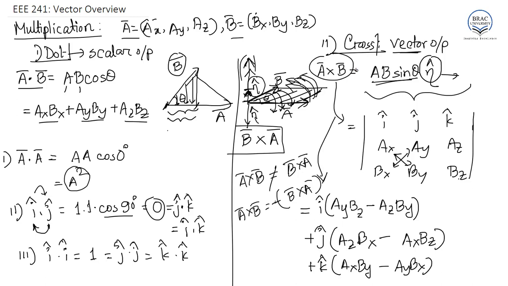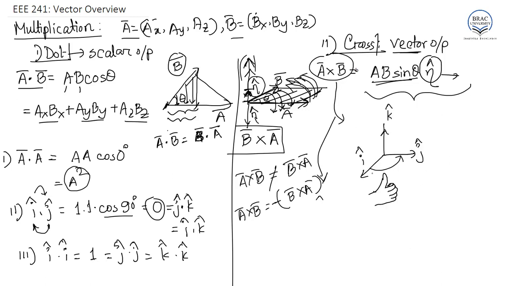So the minus will take care of that. But in the case of dot products, those were commutative because these simply gave us the scalar value. So the order of the multiplication didn't matter.